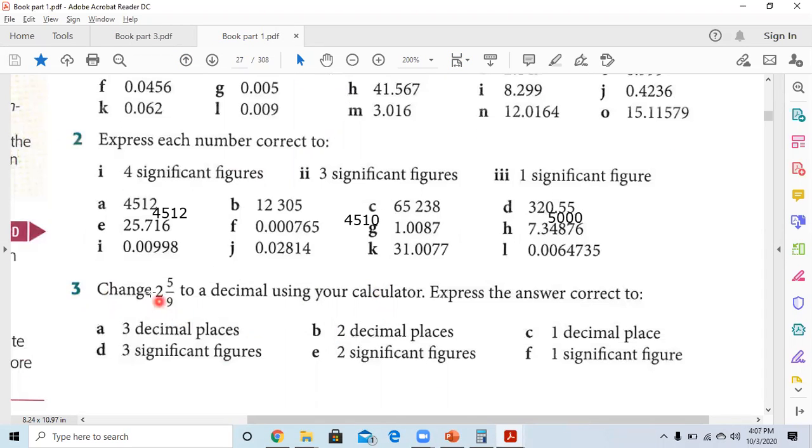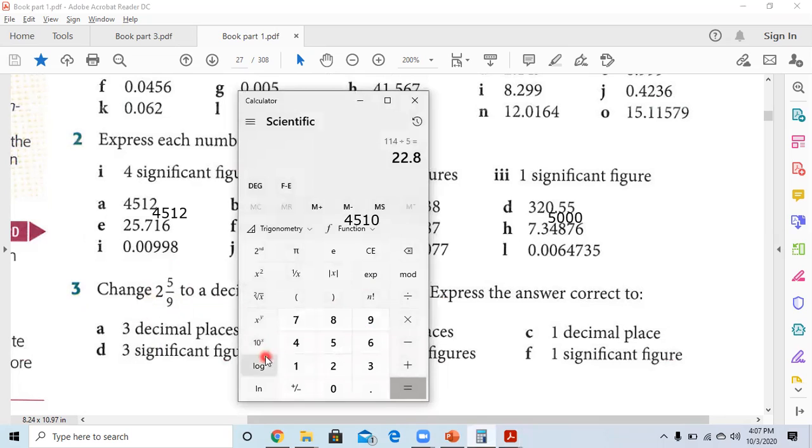Now change this number into a decimal using the calculator. So we have a calculator, so write like that. What we will do: 2 multiplied by 9 is 18. Okay, 18 plus 5 is 23. So 23 divided by 9 is equal to 2.55, so we say 56.